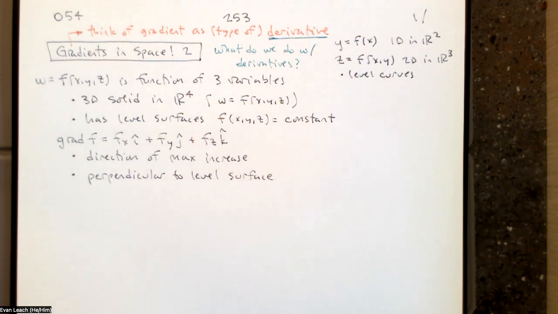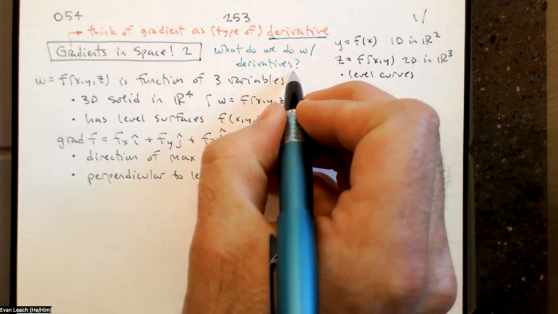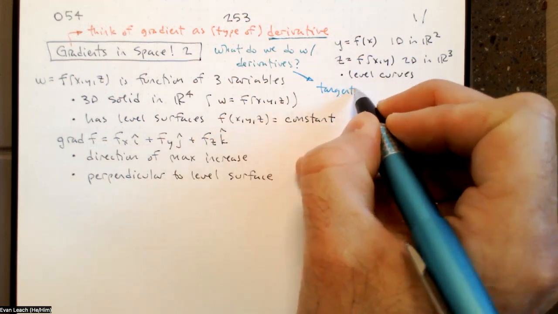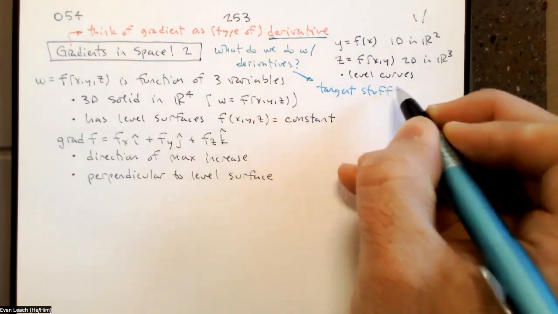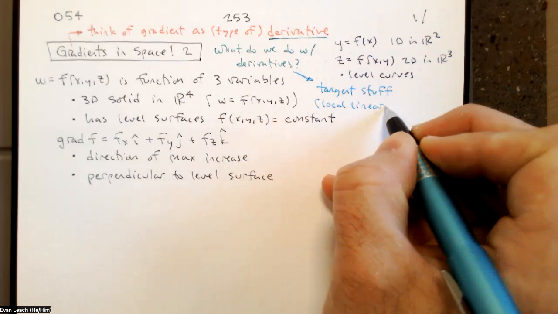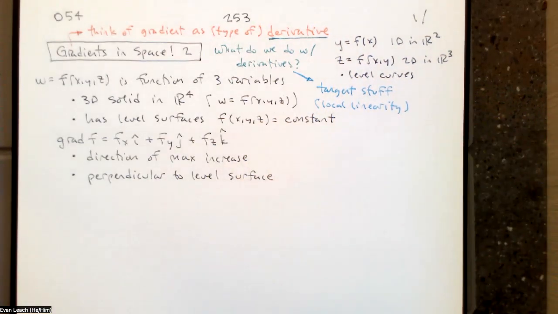so now we've got to think back to calculus, the big picture of calculus, and think, what is it that we do with these derivatives? One of the things that shows up is tangent stuff, local linearity.